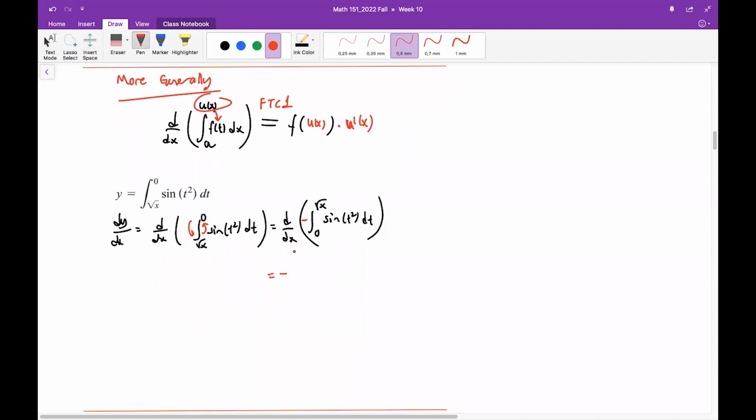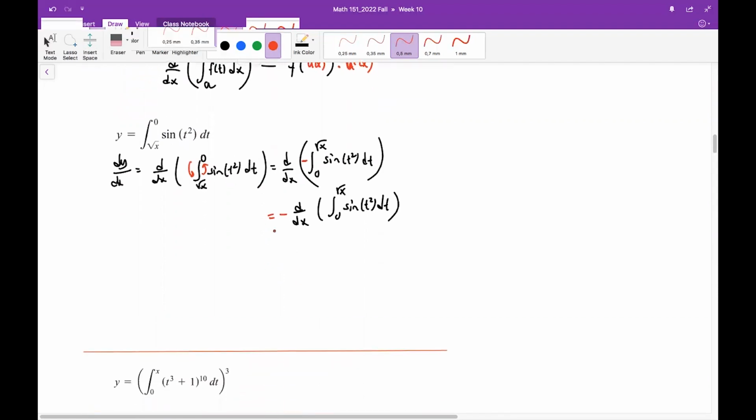You can take this minus sign out from the derivative, obviously, because it's just a constant multiple there. And then you have this. Now we are ready to apply fundamental theorem of calculus part 1. So it goes like this, minus is here. So what you do? This is your u of x. You will insert this function into this function here. So instead of t, I will be writing square root of x. Okay? So it goes like sine t squared, right?